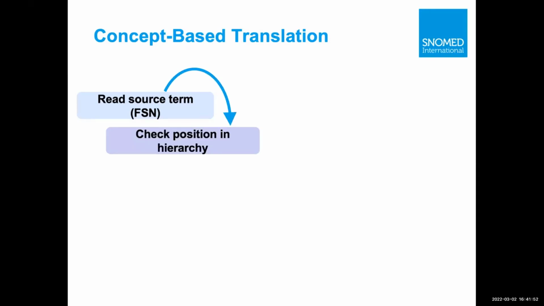Reading the FSN should be tightly coupled with a review of the concept's position in the SNOMED CT hierarchy, which involves checking both the concept's supertype and subtypes to better understand the overall scope of the concept. In addition to this, checking the concept's defining properties helps in understanding the semantics of the concept. This step involves checking any attribute value pairs which are specified for the concept.